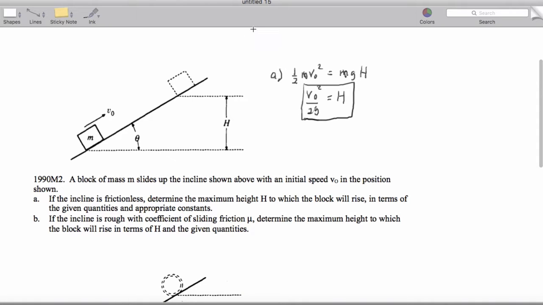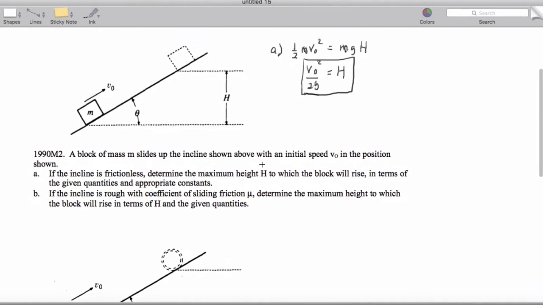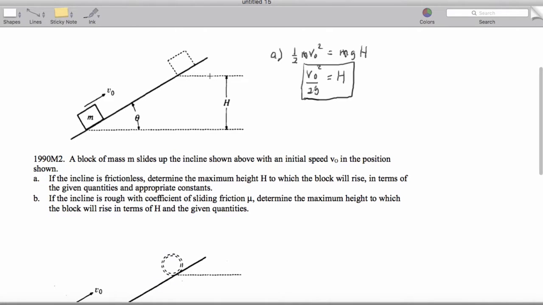Things get a little bit more interesting in part B, where there's a number of ways we can do this, but I'm going to actually use conservation of energy and talk about some of the dissipated energy done by friction. And to calculate exactly what that is, we'll just note that the E dissipated by friction is going to be the work done by friction.